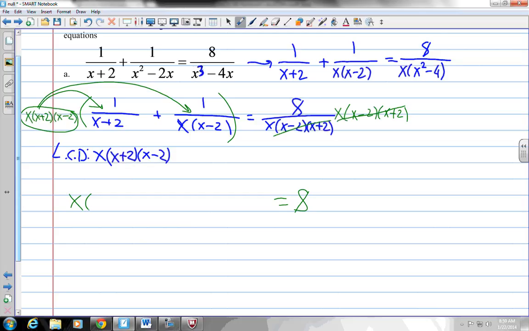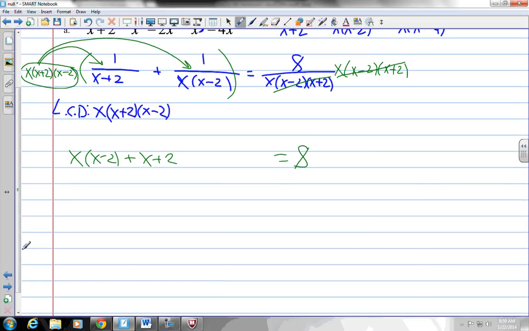X, right, x minus 2. And when you do the second product, x's cancel, x minus 2 cancels, and you're left with x plus 2. So plus x plus 2. So yes, you distribute, but that becomes a quadratic, basically, right? It's x squared minus 2x plus x plus 2 minus 8 equals 0.